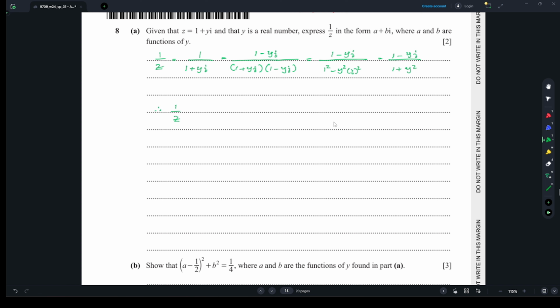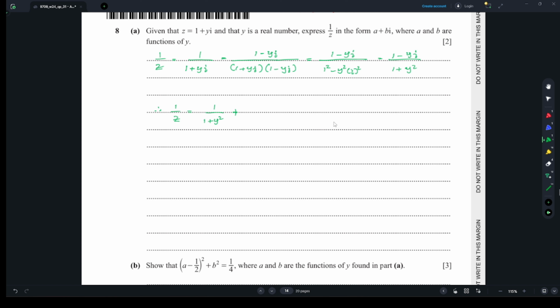Therefore, I can write z equals 1 over 1 plus y squared minus, let's say they are asking a plus bi.